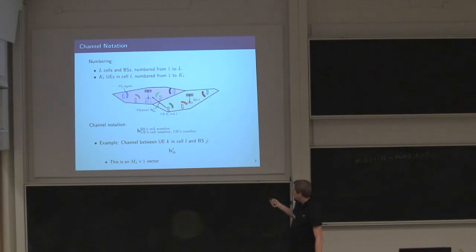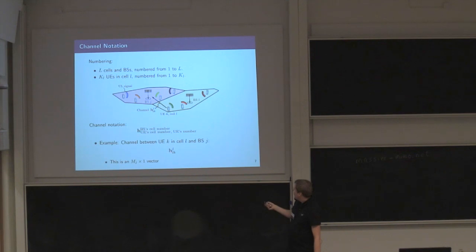In the subscript, I'm identifying where the user is. First I write the user's cell number. In this case, the user is in cell L, so it will be an L here. Then the user is called a certain number between 1 and K_L, and that is number k, lowercase k in this case.